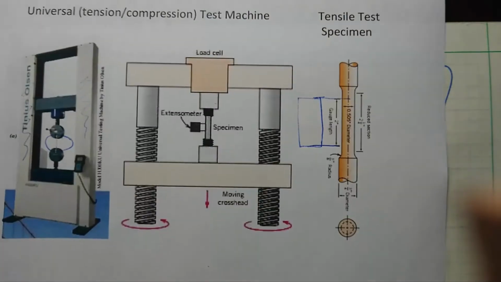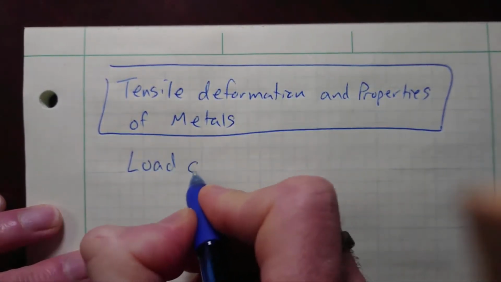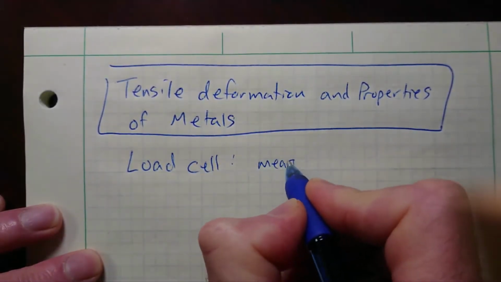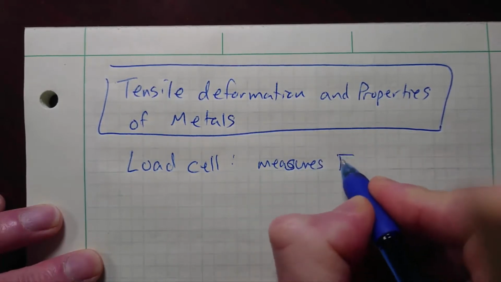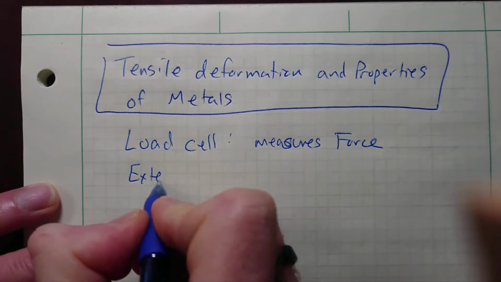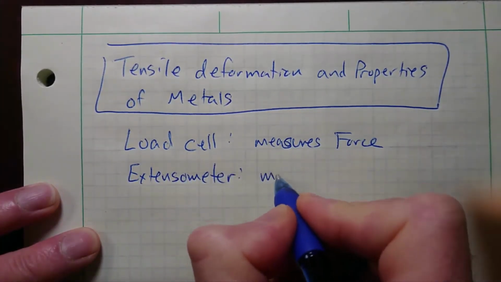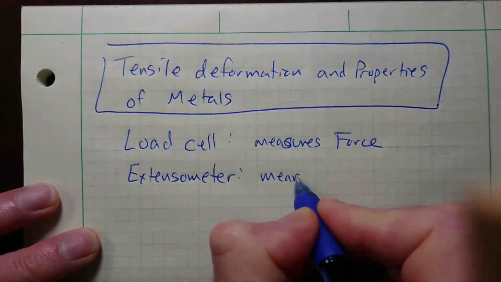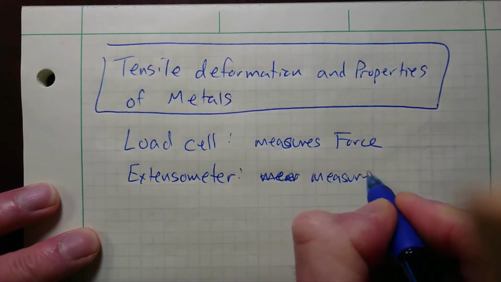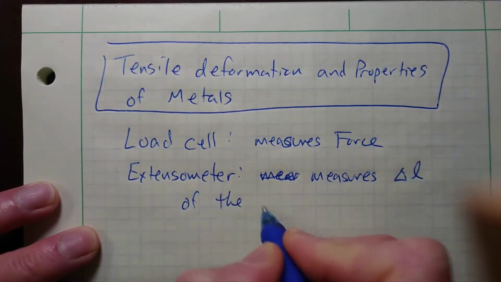So the load cell measures the force, and the extensometer measures the change in length of the gauge length.